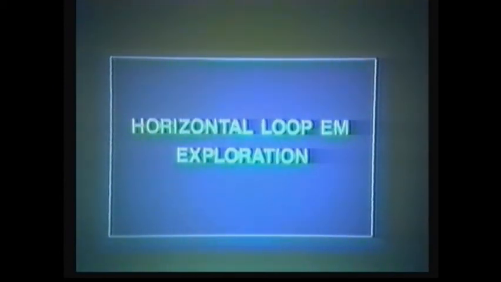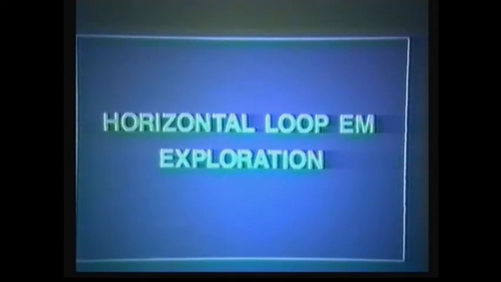Okay, I think you're probably mostly familiar with horizontal loop EM. I'm not sure. How many of you are familiar with moving horizontal loop systems? Right, hands up. Somewhat familiar? Okay. Basically, here I have a transmitter. Here I have a receiver, usually working now in the frequency domain. These systems are used, particularly in North America, where the ground tends to be more resistive.